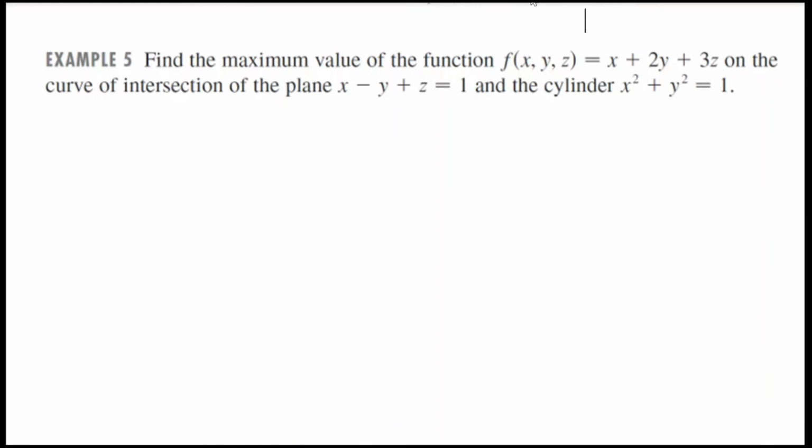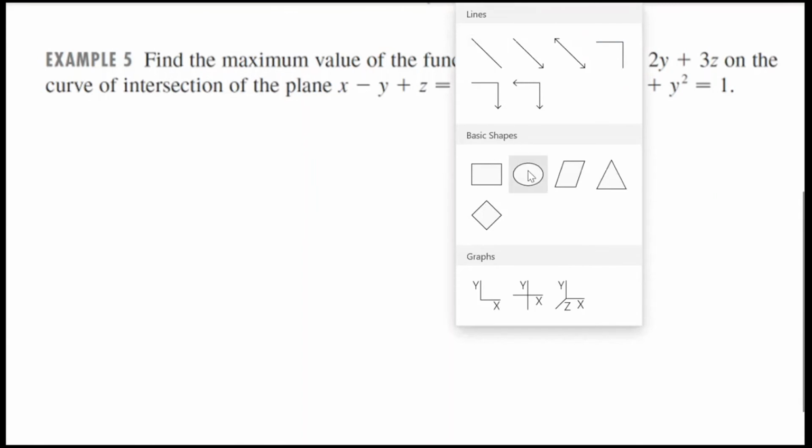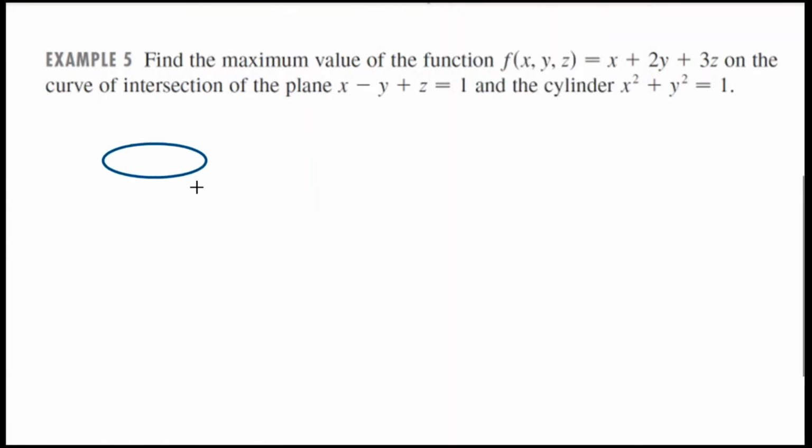Now, can you imagine this thingy, cylinder? And then we cut it by plane, so it's some kind of a space ellipse. You want me to draw it for you? Okay, let's draw it. So we have this kind of a space cylinder.